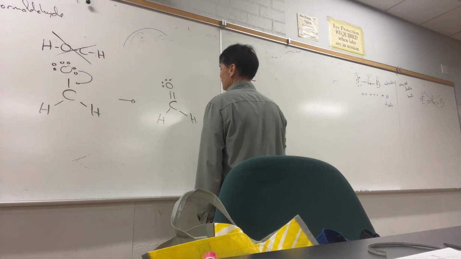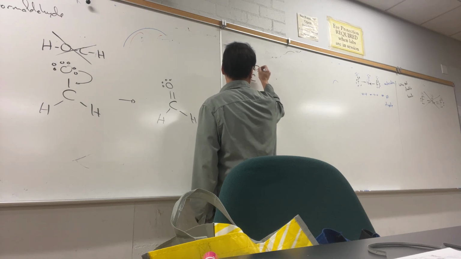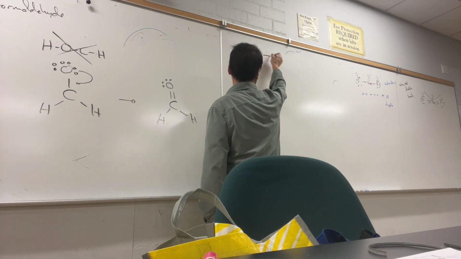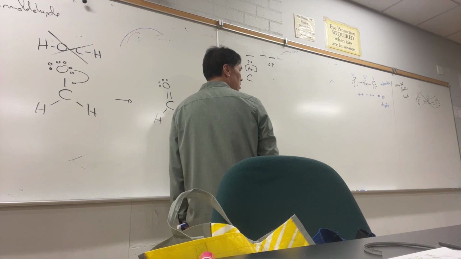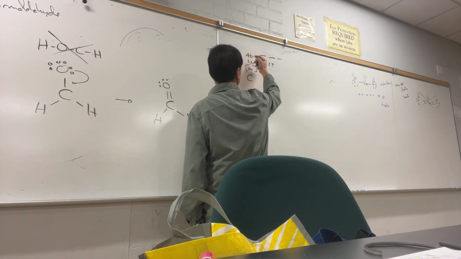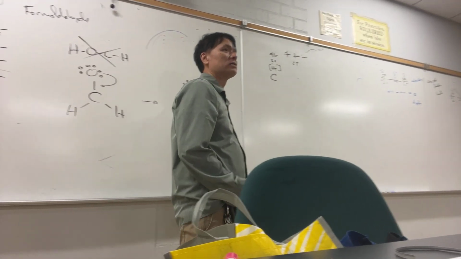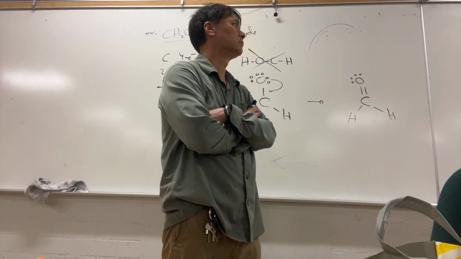How many bonds should carbon form? How many bonds does it look like carbon can form? 2. That's not enough. We have 2 singles and 1 double. So what should we do?